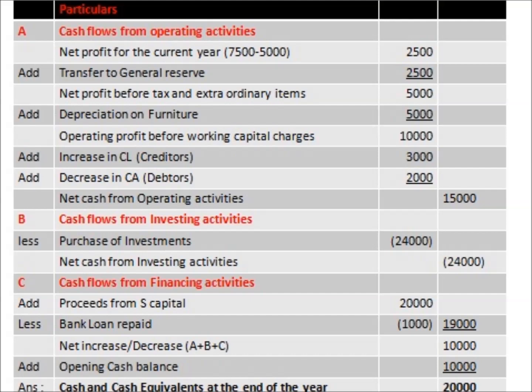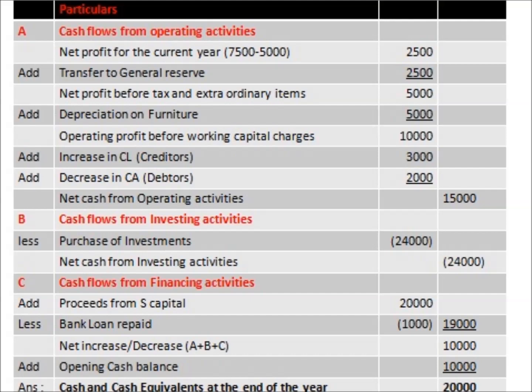This is very important. Do it very systematically. First, A, cash flows from operating activities. First you have to take the net profit for the current year. I have already told you it was 7,500 for the second year. Opening balance was 5,000. So the difference, 7,500 minus 5,000, becomes 2,500.